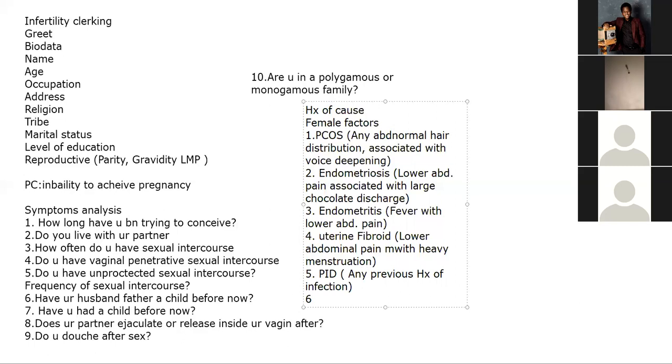What other causes, doctor? There are other causes. What about contraceptives? You know, people take OCPs, oral contraceptive pills, all those contraceptives in general. So let me just say contraceptive uses. Contraceptive use can actually cause infertility.